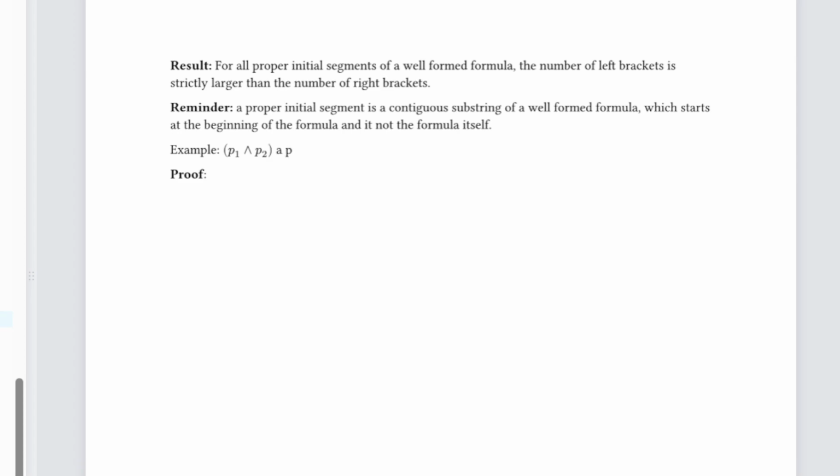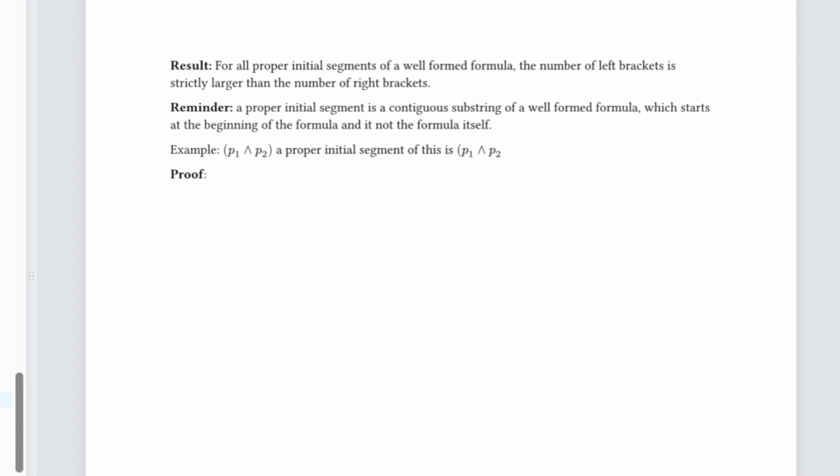A proper initial segment of this is, suppose I just do open bracket P1 and P2 and I don't close the bracket. This is a proper initial segment. So the result is, for any proper initial segment, the number of left brackets is strictly larger, which we can see in this example.